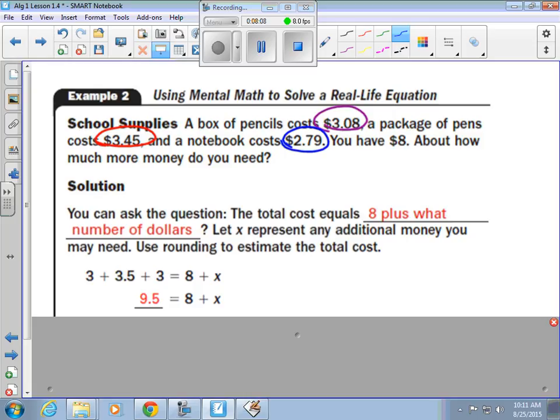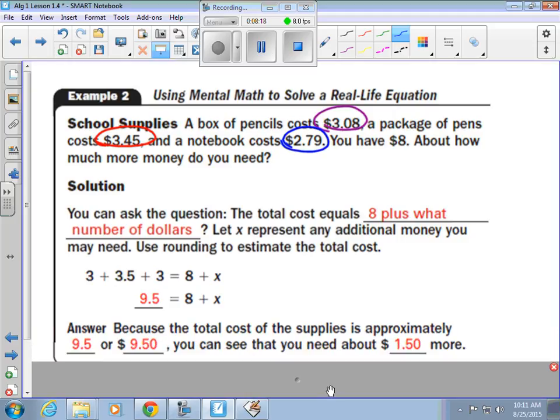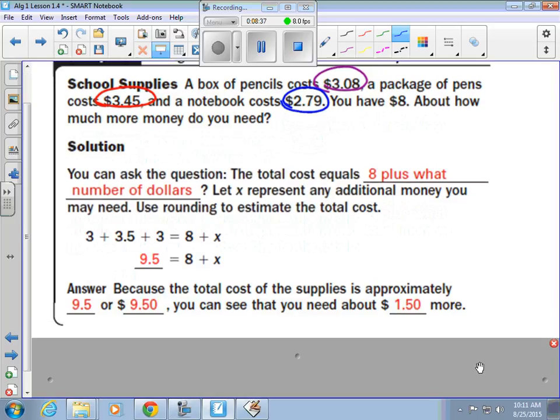So $9.50, if you want to think of that in terms of money, equals 8 plus what number? This is what we're talking about, mental math. 8 plus what number? Because the total cost of the supplies is approximately $9.50, you can see you need about $1.50 more. Or again, 8 plus what number of dollars? 8 plus X. Therefore, X in this case is 1.5 or $1.50.